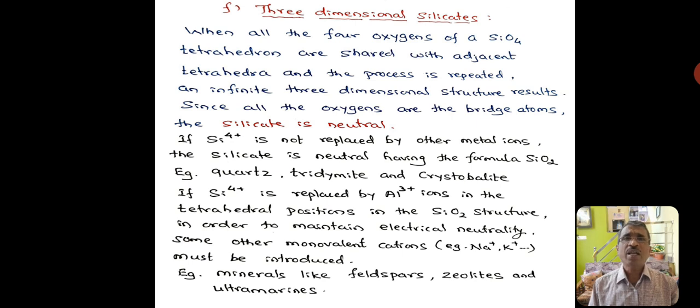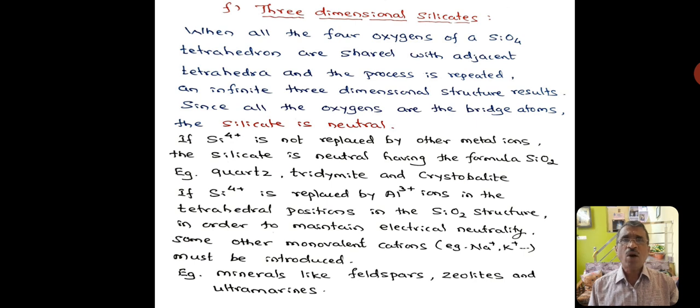If Si4+ is not replaced by the metal ions, the silicate is neutral, having the formula SiO2. The examples of this category are quartz, tridymite and cristobalite.